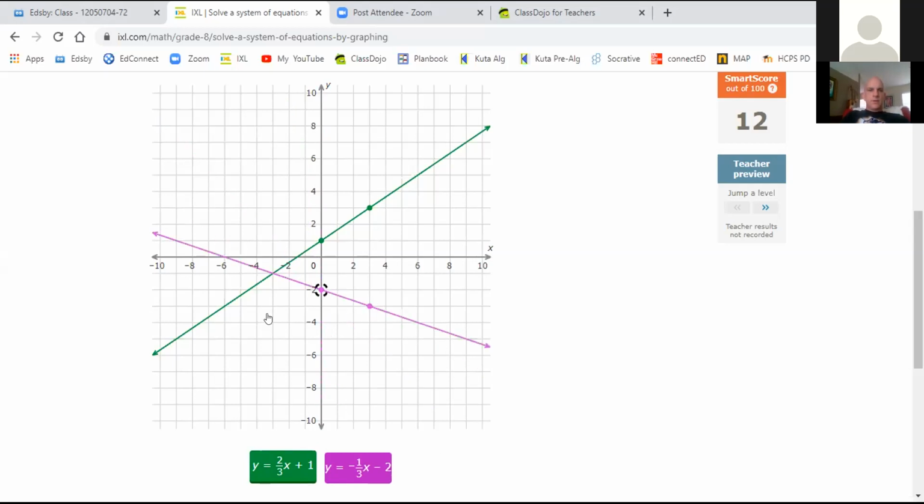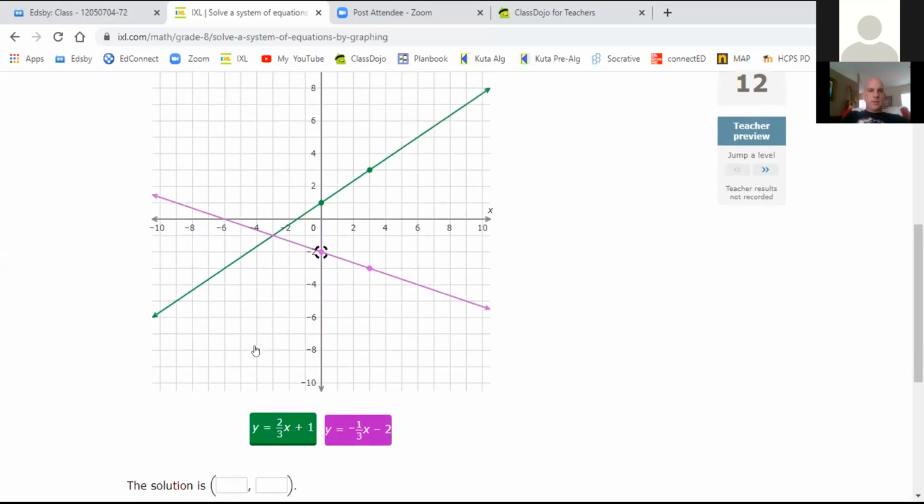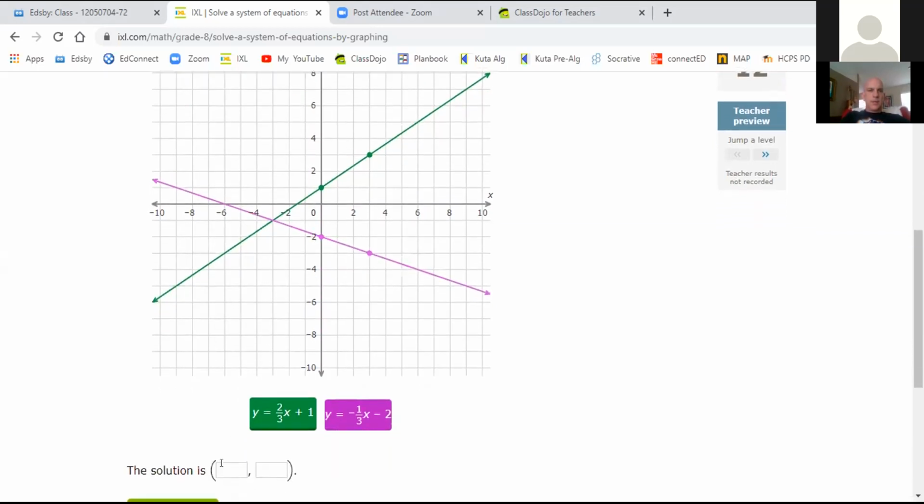All right, so that's our 2 graphed lines. Now what we're looking for, thank you, Trevor, is where they cross. So we're looking at that point where they cross for our solution. So we'll scroll down a little bit more to get to our solution there. And our solution is an XY coordinate point.